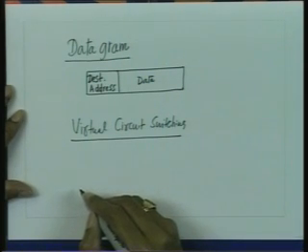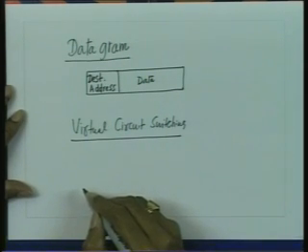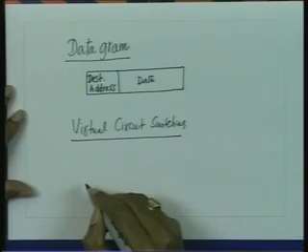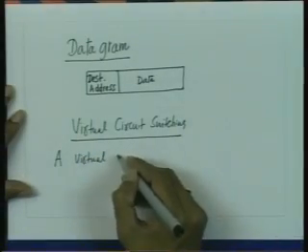a virtual circuit is first established between the source and the destination before the data transfer can begin.